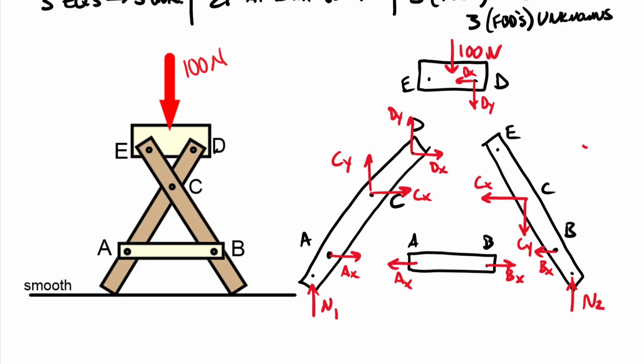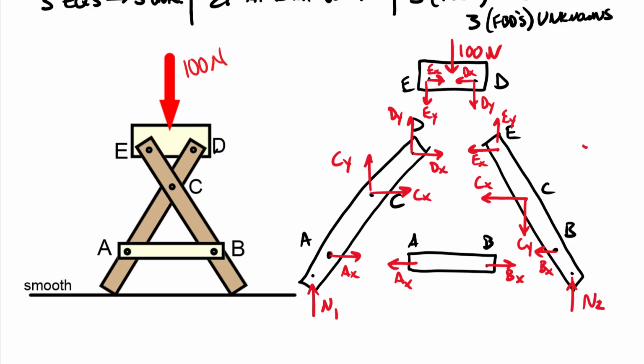Let's go with EX coming back in this direction, and we'll go with going upwards here for EY. And so here we have equal and opposite EX, EY.